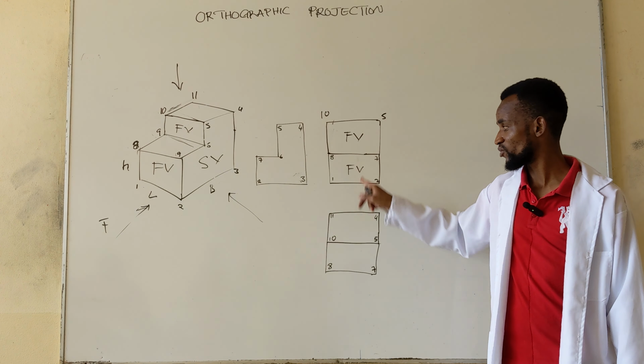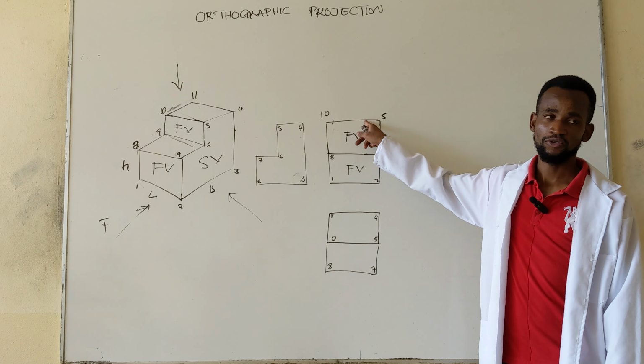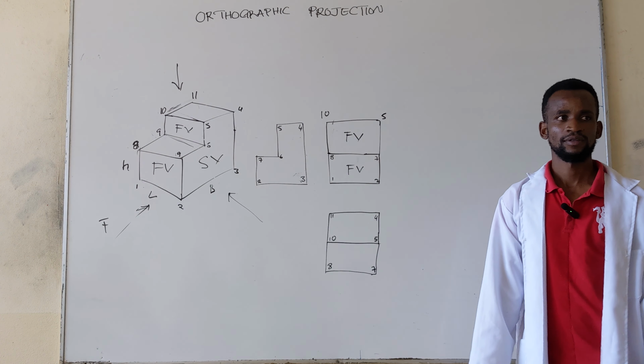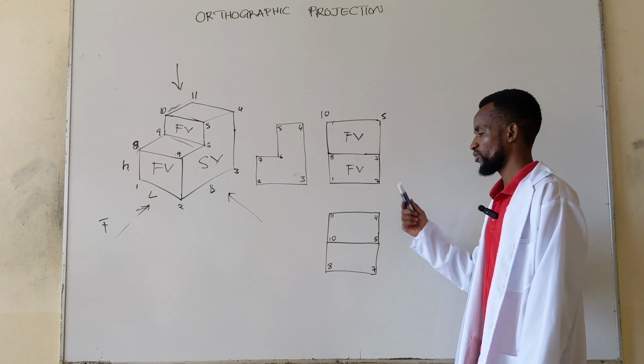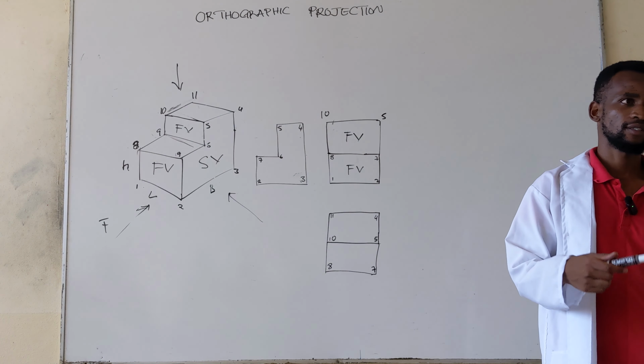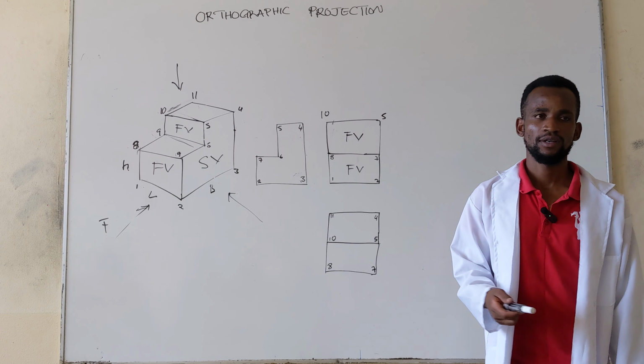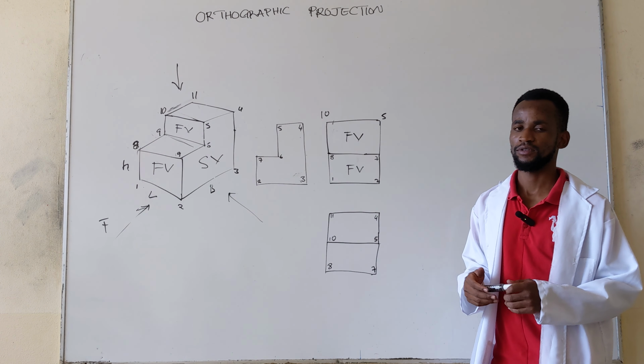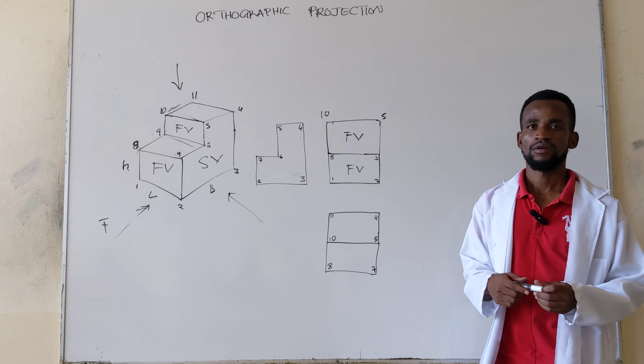When you start with this, you go to that. When you start with that, you go to this. That's when you go to the end. Here we just want to understand what orthographic is, and how we are able to get the views.